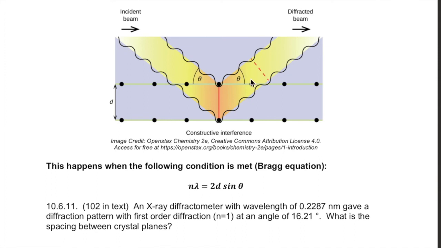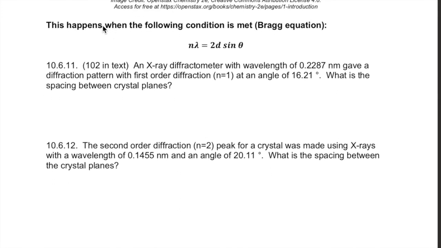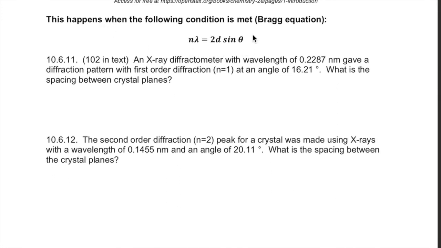In order for these to be in phase and this constructive interference to happen, then a certain multiple of the wavelength has to equal 2 times this distance between the layers times the sine of theta. So it's kind of complicated trigonometry to reason that out, but once you have this Bragg formula and the proper amount of information, you can actually figure things out fairly easily.